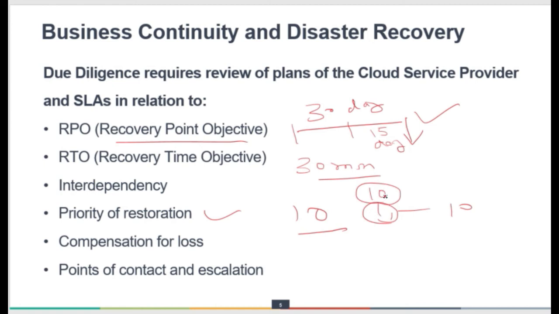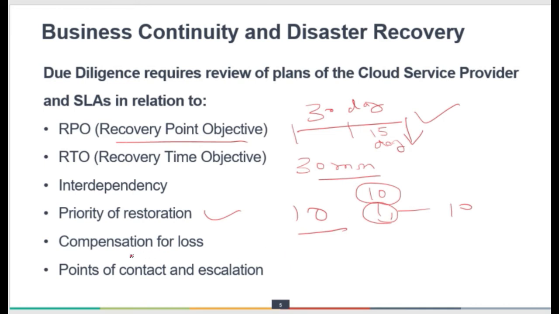So the easy service has to be restored first, but the critical service also has to be restored first. So it goes hand in hand, the criticality of the asset and the easiness of the restoration.